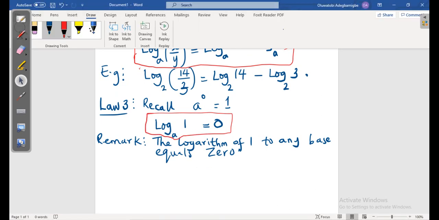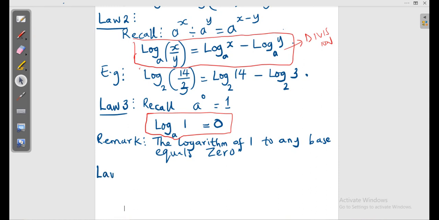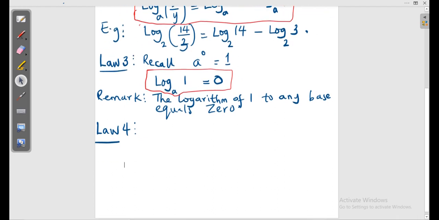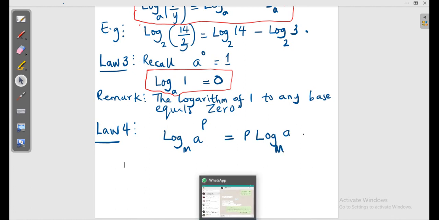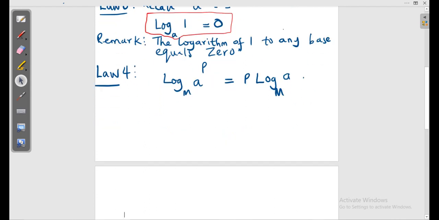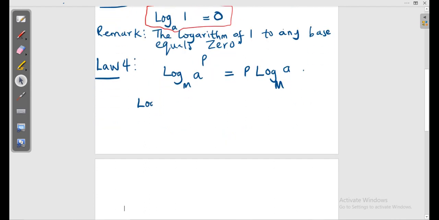Then let's take one or two more laws for this video. And that law says that when you have the logarithm to a power, the power becomes a multiplier. So power becomes multiplier, multiplier becomes power. If I write log 2 raised to power 3, it is the same thing as saying 3 log 2.